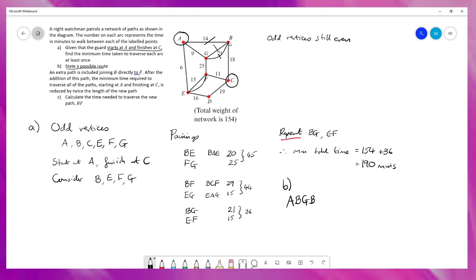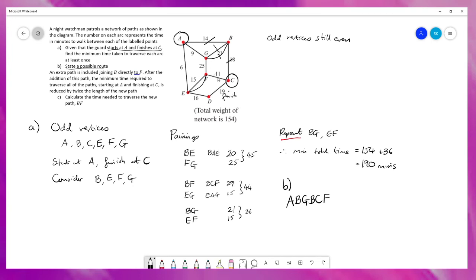I've also only got one option from B now, which is to go to C. Now the other thing we need to think about: I'm leaving C on one of these, so I'm going to have to return to C to finish there on a second. Looking at it, this one is probably the easiest to finish on, because there's fewer options. So I'm going to go to F.